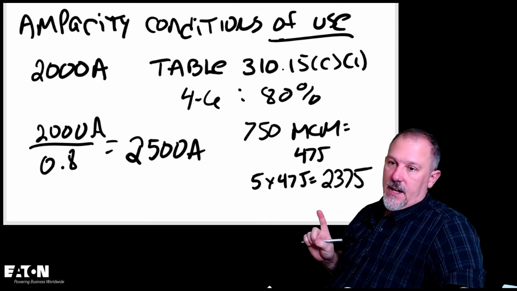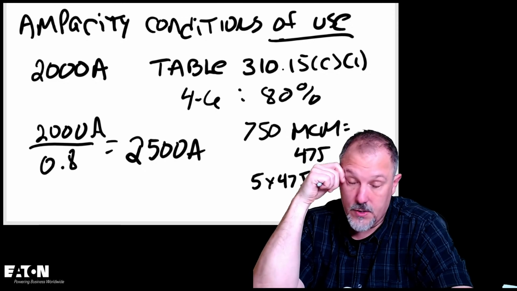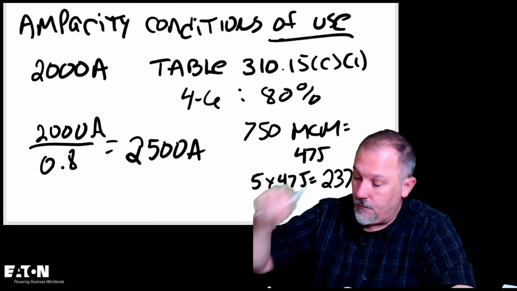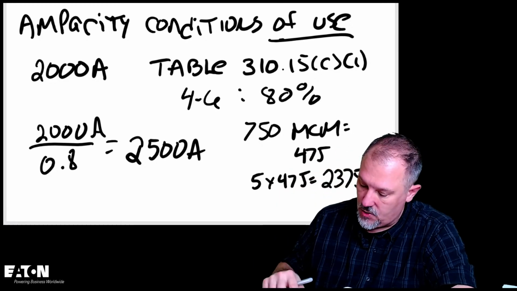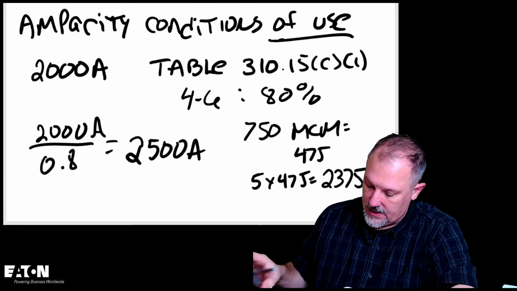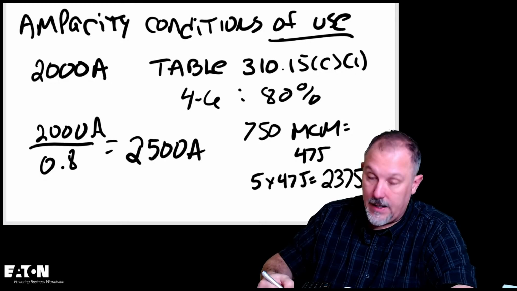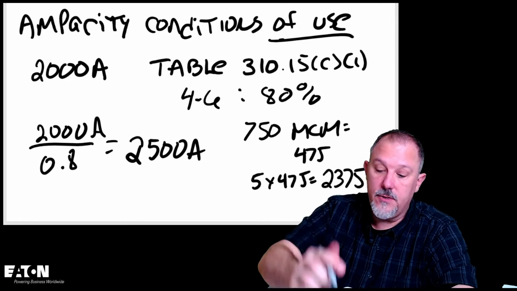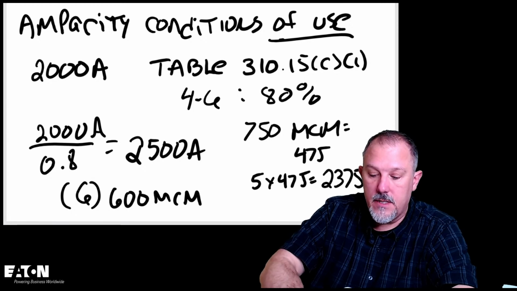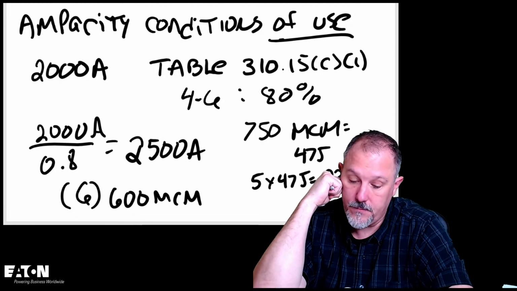I need at least 2,500 amps. So what I can do is say 2,500 amps, and I'm going to divide that by 6, 416. I can use 6 600s. 6 600 MCM will give me what I need for 2,500 amps.